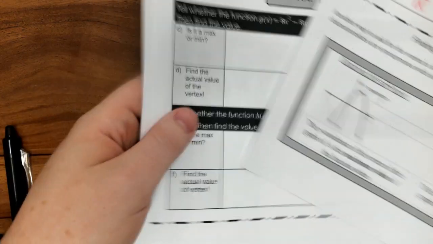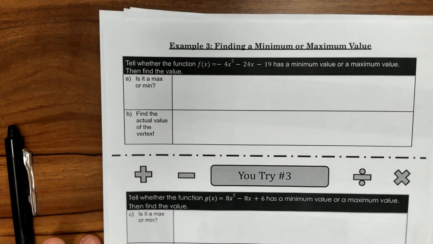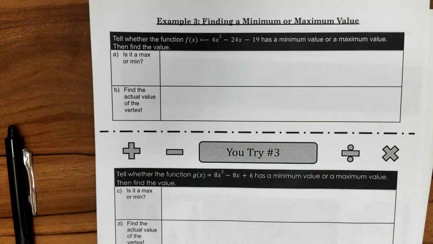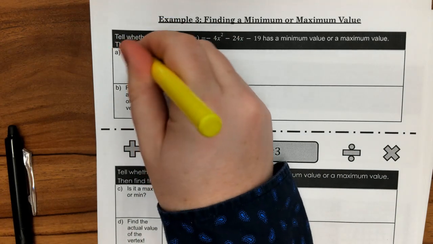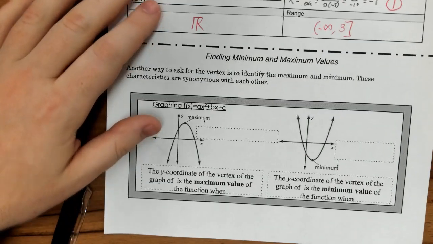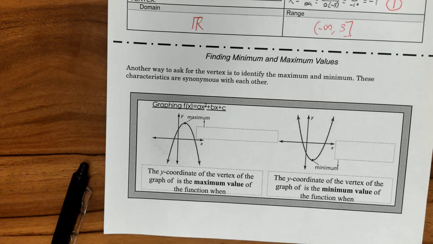So if I ask you, hey, can you tell whether this has a minimum or a maximum value? Then find the value. We have to just find the vertex. But the first question is, do we have a maximum or do we have a minimum? Well, as we can tell from this diagram, it really depends on what way our graph is facing.